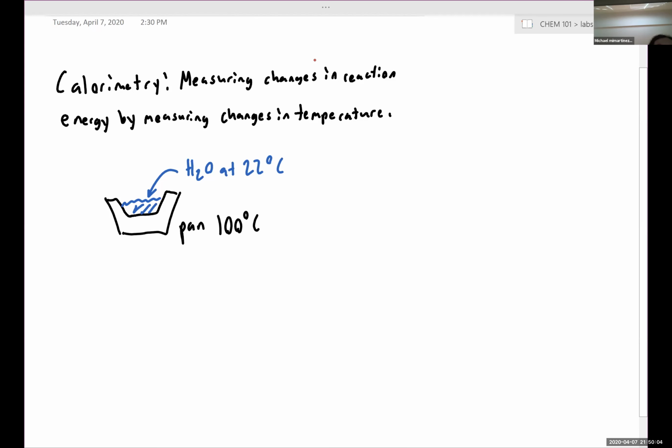Now, what's going on in this case is we have a flow of what is known as heat. So heat, quite simply, is energy exchanged as a result of temperature differences.